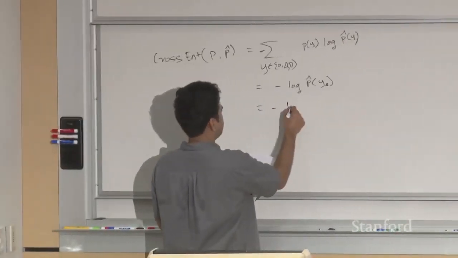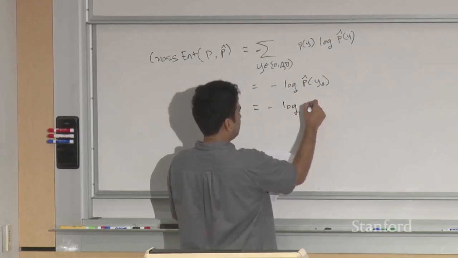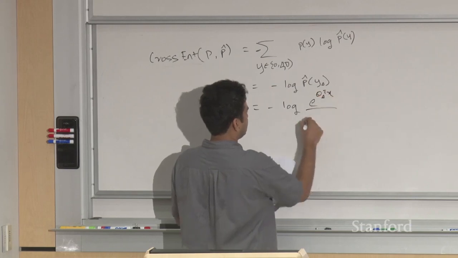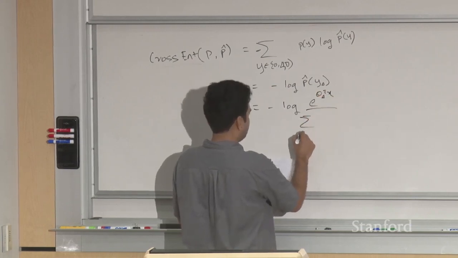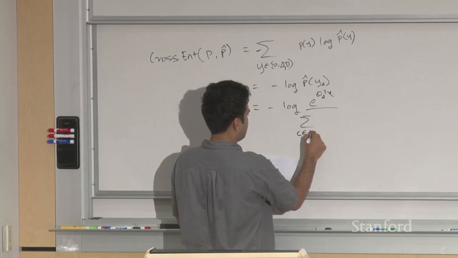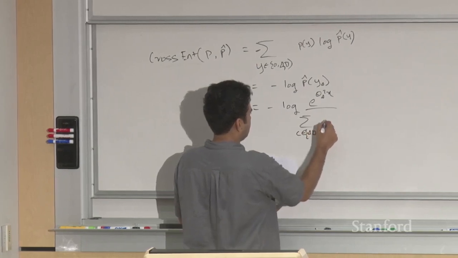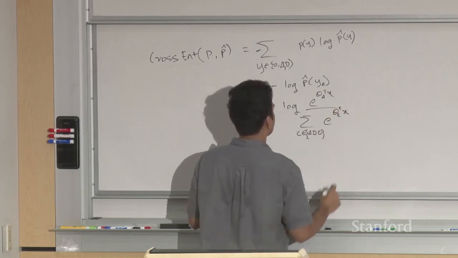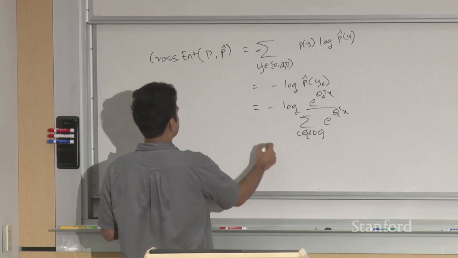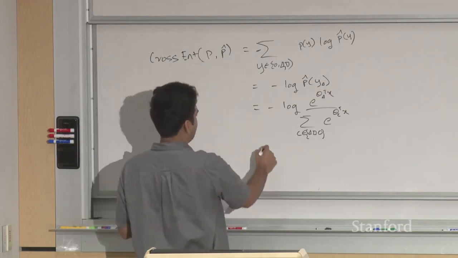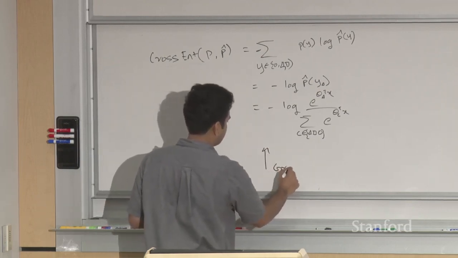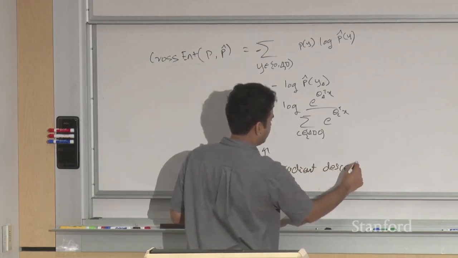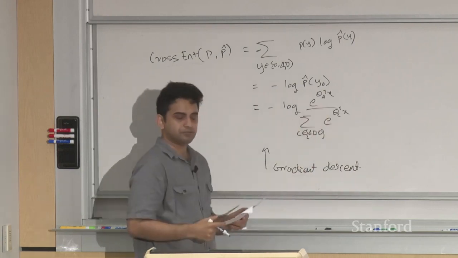So that's equal to minus log of exp of theta triangle transpose x over the sum over class in triangle, square, circle of e to the theta class transpose x. You treat this as the loss and do gradient descent with respect to the parameters.